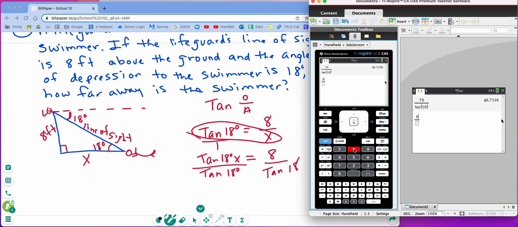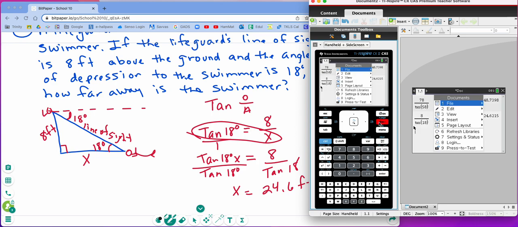And now this is going to be 8 divided by, hit your trig button, select tan, and this is going to be 18 degrees, and then press enter. And so the distance from the lifeguard to the swimmer is going to be 24.6 feet.